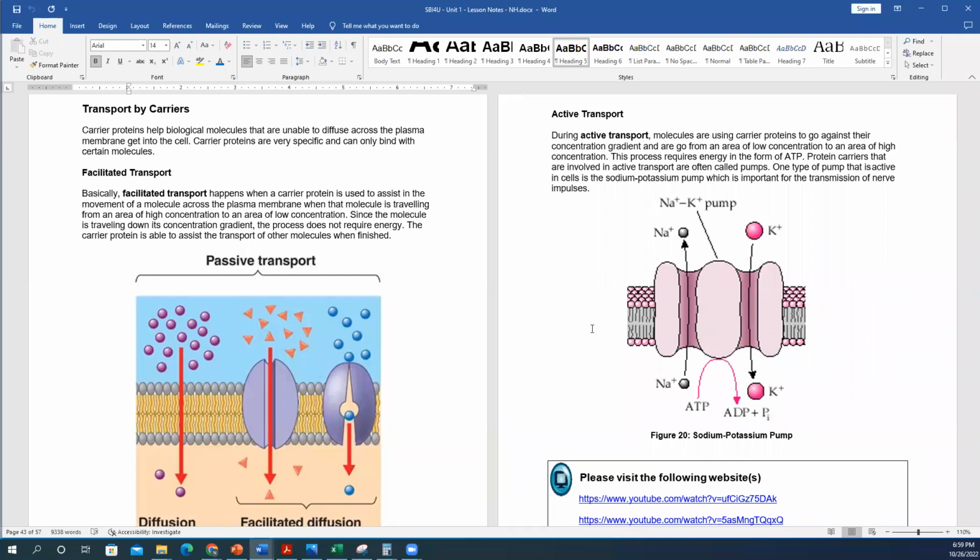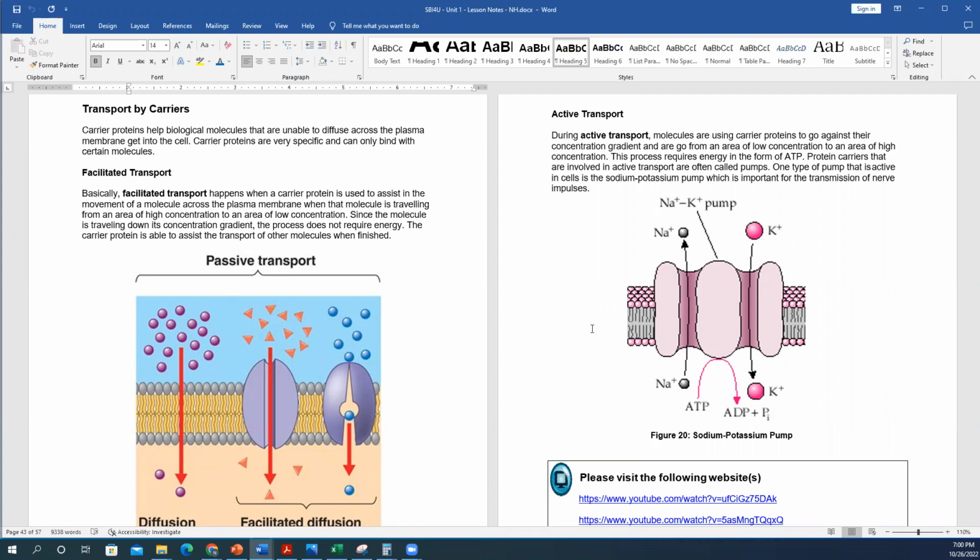But then you also have protein molecules that need carrier proteins to help them diffuse across the membrane to get into one side or the other of the cell. And these carrier proteins can be very specific to certain types of molecules that they need to transport.